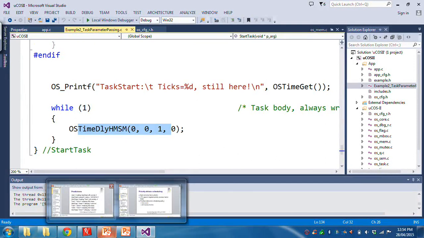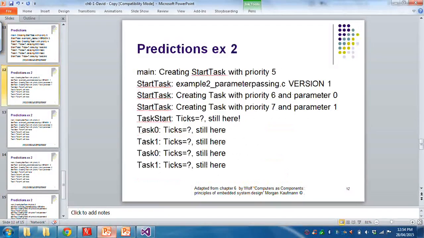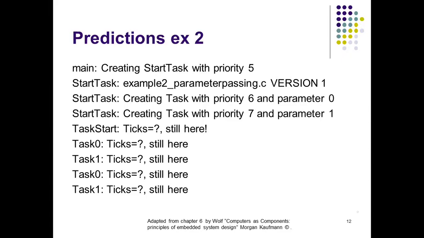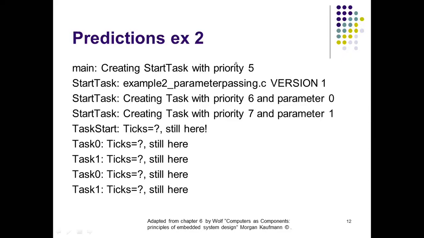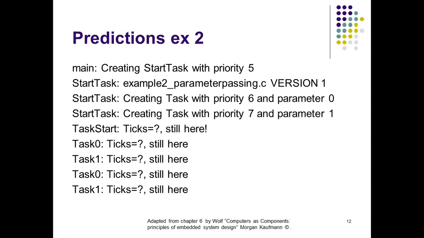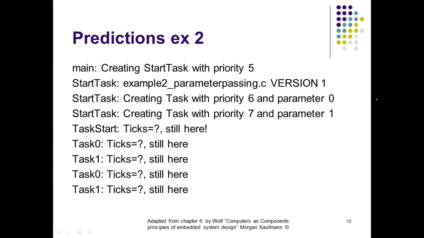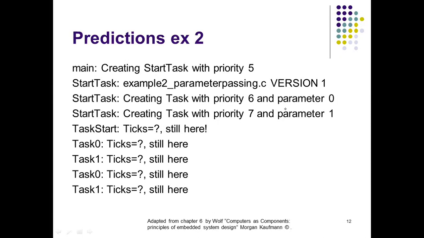Okay, so given this idea, the idea is that it'll create start task with priority 5, then it creates first task with priority 6, second task with priority 7, parameter 1. Then what's going to happen is, we've learned our lesson, start task continues running further down the code, until the lower priority tasks here and here run.